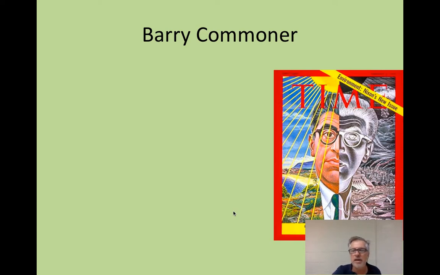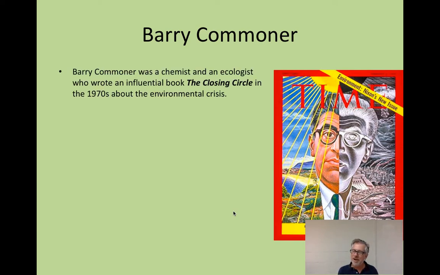Imagine that, a conservative Republican politician who was very pro-environment. Barry Commoner was trained as a chemist, and later became an ecologist, and he wrote many books. And the one that was very influential at the time was called The Closing Circle, which he wrote in the early 1970s, and it was about the environmental crisis.